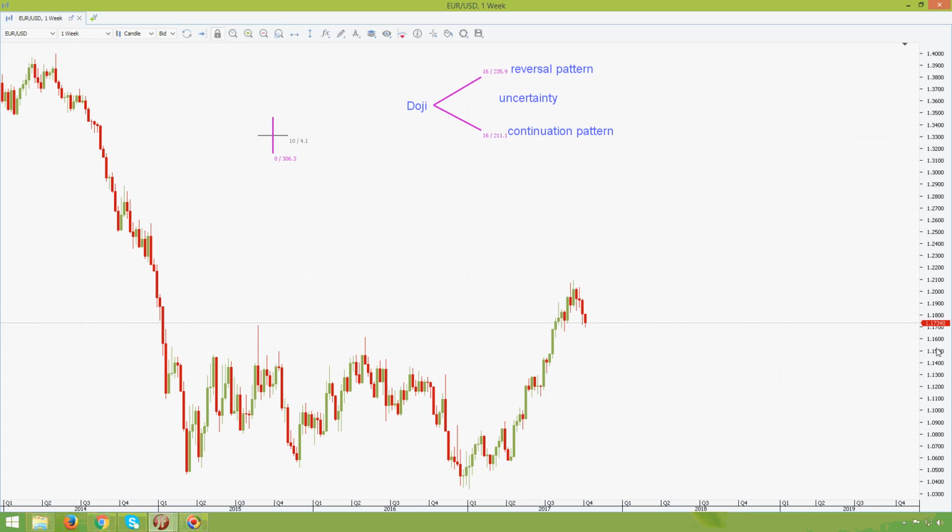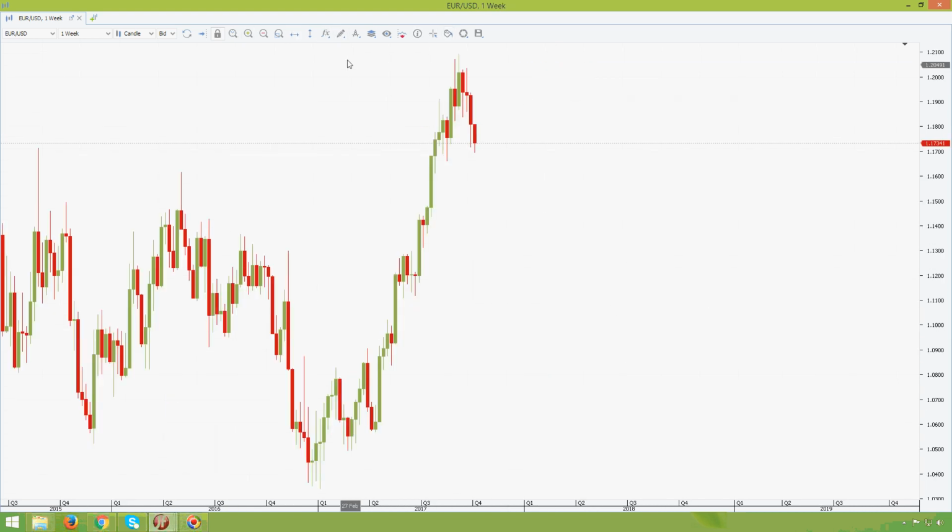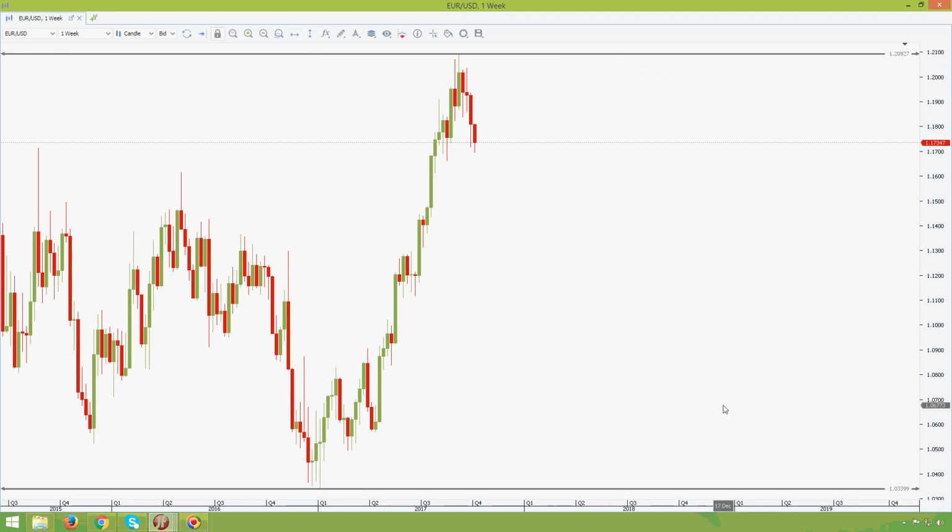Let me show you what this means. This is the weekly chart on the euro-US dollar. Let's zoom in. And this higher trend here started in the summer, and the euro-US dollar went from 1.03 something in spring actually, all the way up to 1.24 for a full 2,000 pips on its move up.